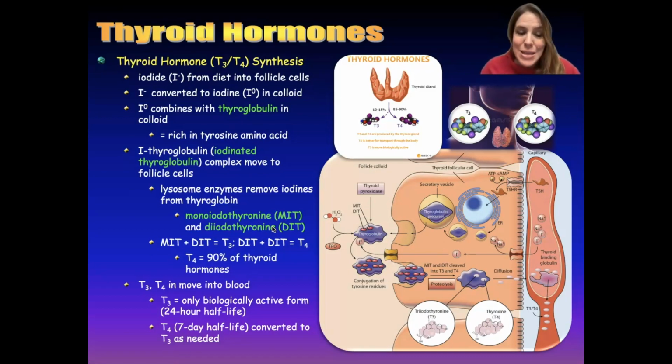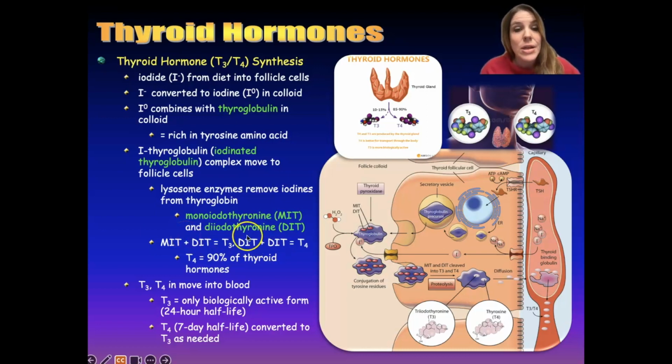Now we, in some cases, will take MIT and add it to DIT. So we're getting one iodine and two iodines added together. Well, 1 + 2 is 3. So this is where we get our triiodothyronine, or T3 hormone. So that's one of the thyroid hormones. So that's one scenario that can happen.